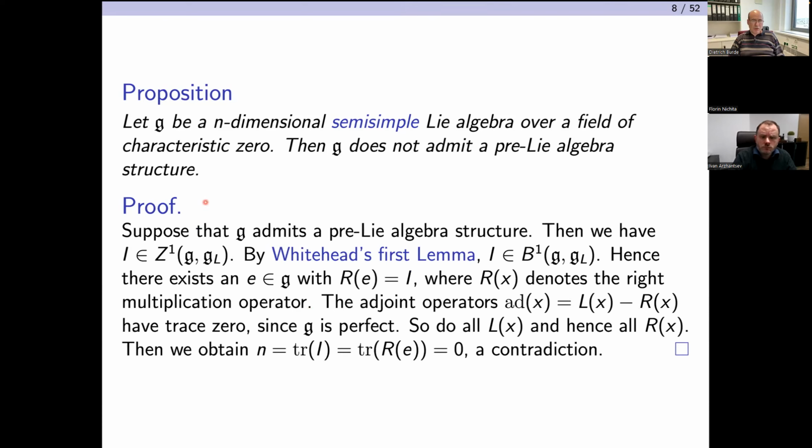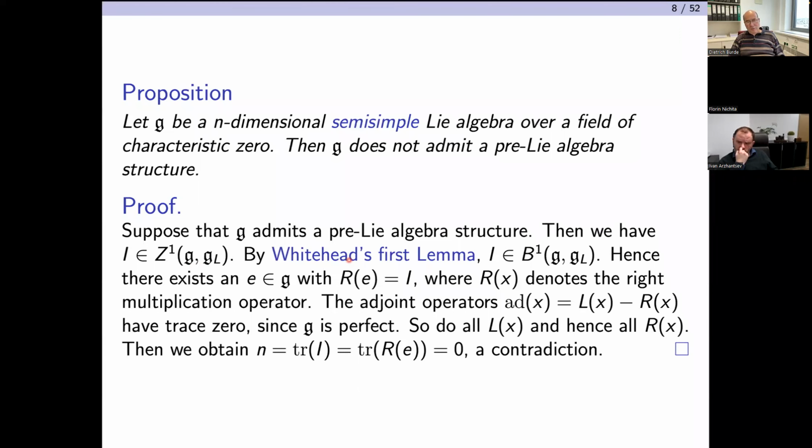Because the proof is so short, I will try to give a proof of this result here. The only thing we are using is Whitehead's so-called first lemma. So assume there is such a pre-Lie algebra structure. That means the identity is a one-cocycle with this module of the same dimension as the Lie algebra.